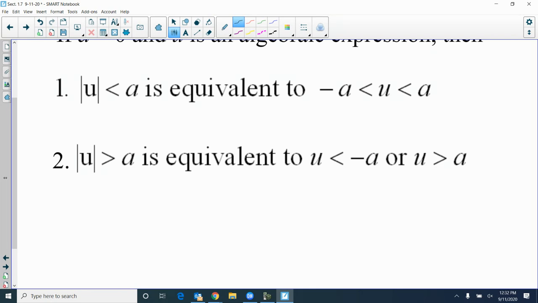So if you have 3x plus 2 is greater than 5, you're going to say 3x plus 2 is less than -5, or 3x plus 2 is greater than 5.